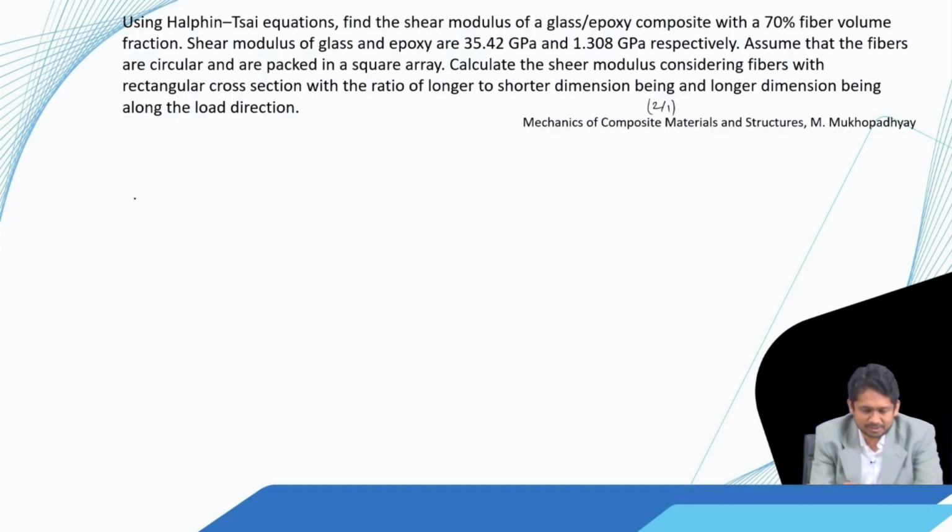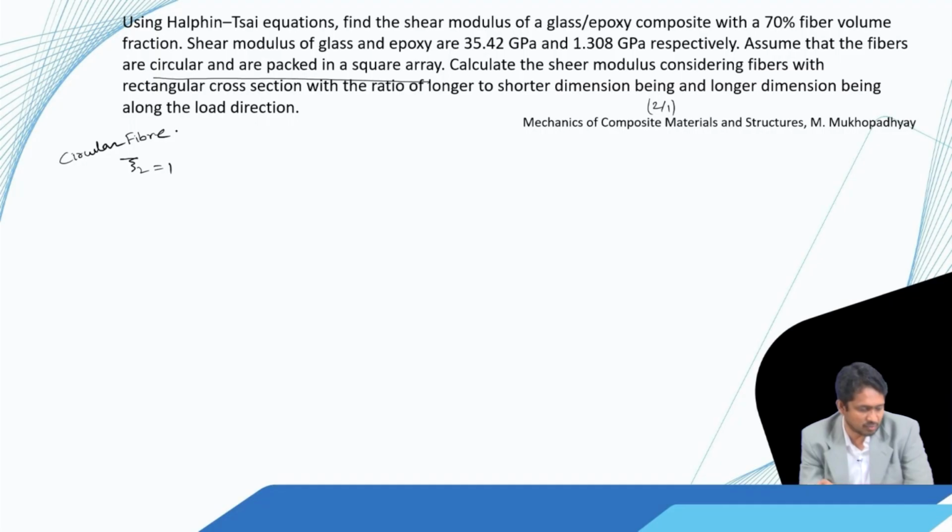Now, to solve it with the first assumption, that is they are circular and packed in a square array. In that case xi 2 has to be considered to be 1, as we have seen before. So, this is for circular fiber.